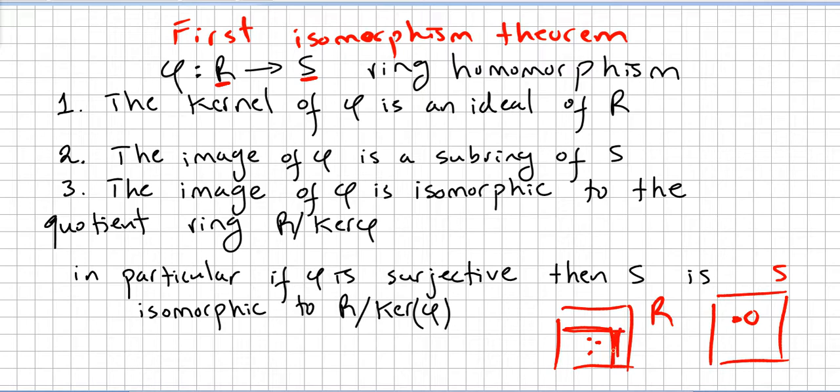So all the kernel here, the set of all elements that will be mapped to 0, is an ideal of the ring R.